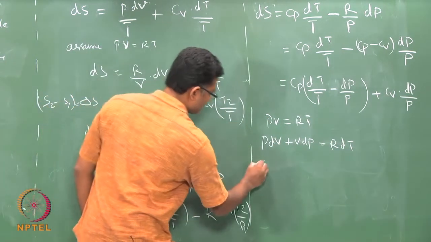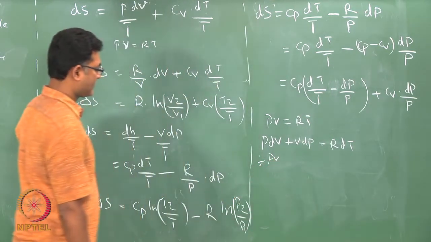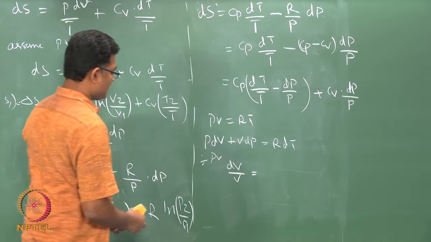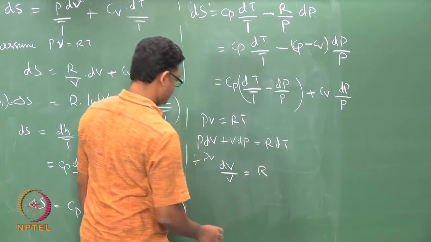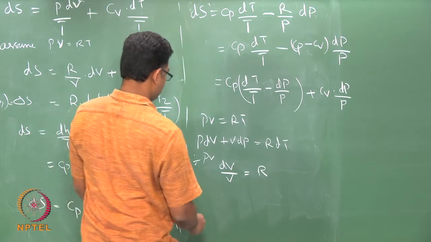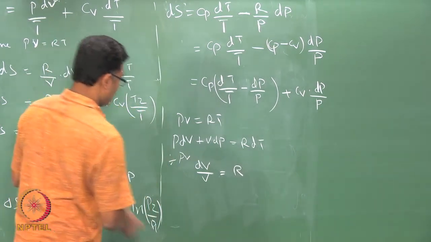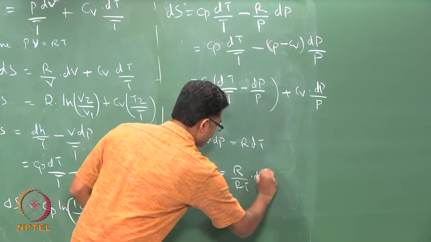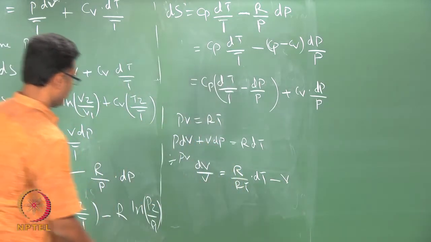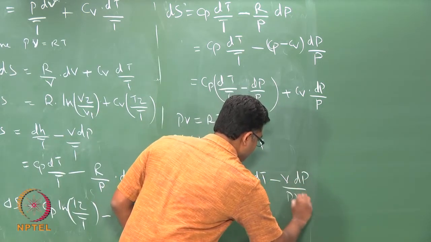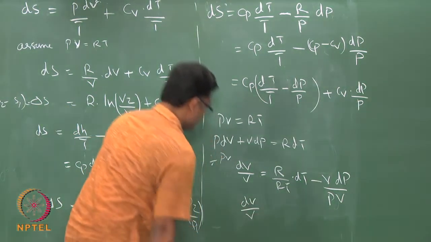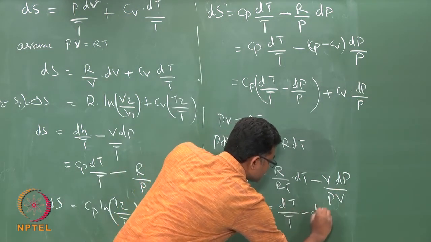Now I divide this equation by PV. So my dV by V equals dT by T minus dP by P.